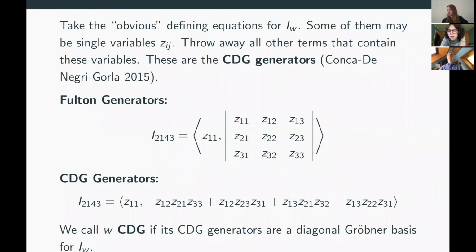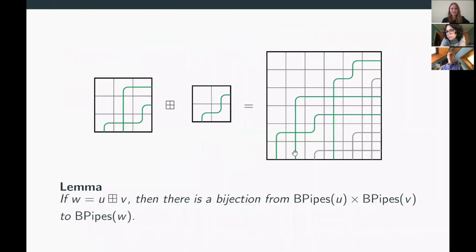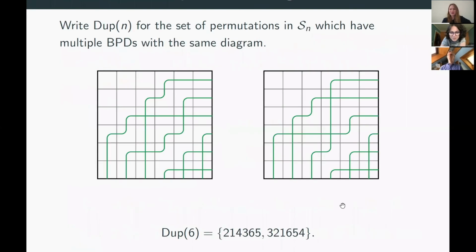Okay, one more. How does the multiplicity of the component get encoded in the pipe dream? Yeah, this was another slide I blew by. A strange thing about bumpless pipe dreams is that you can have multiple bumpless pipe dreams with the same set of blank tiles for the same permutation. This is very different from pipe dreams, where each pipe dream is uniquely determined by where its crossing tiles are. Here you can have a whole zoo of bumpless pipe dreams with the exact same set of blank tiles.